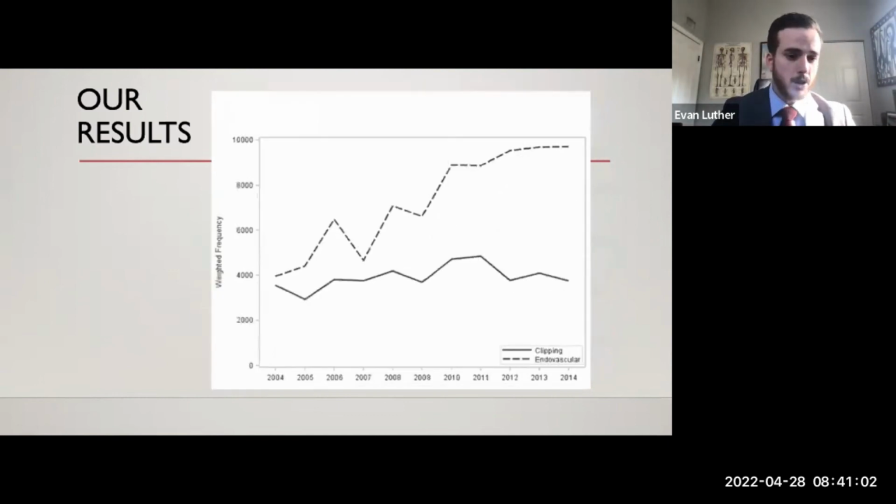And when you're looking at unruptured aneurysms, the clipping rates remained about stable, while coiling increased dramatically. So the overall take-home point from our results is that treatment trends in the post-ISAT era have shown an increasing proportion of patients with aneurysms being treated with endovascular occlusion, while rates of clipping have really decreased.